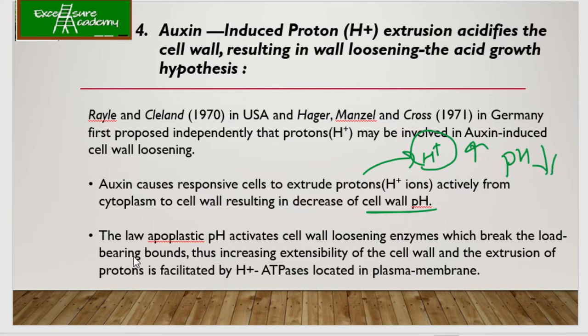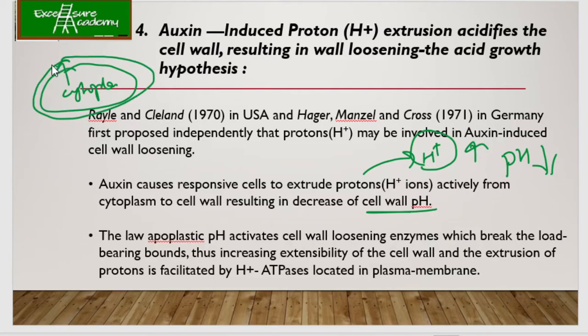Now, the low apoplastic pH activates cell wall loosening enzymes which break the load-bearing bonds, thus increasing the extensibility of the cell wall, and the extrusion of the protons is facilitated by H+ ATPases located in the plasma membrane. What exactly they're saying is that you have the cell over here. From the cytoplasm, the H+ are pumped into the cell wall.